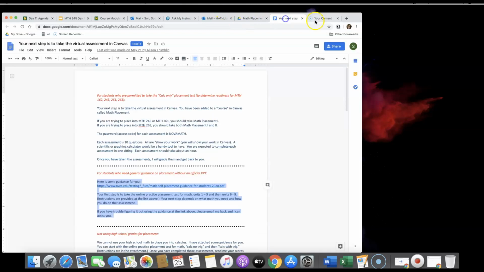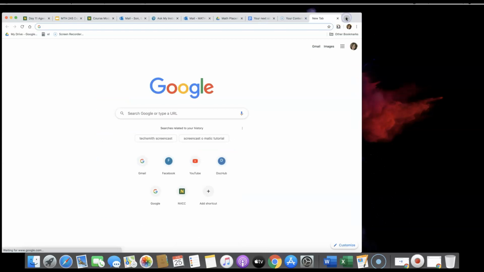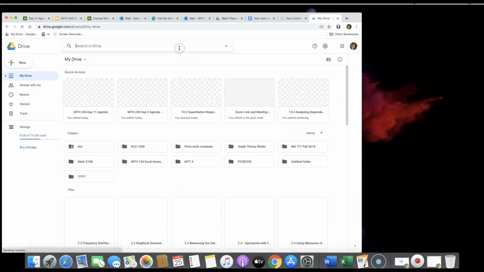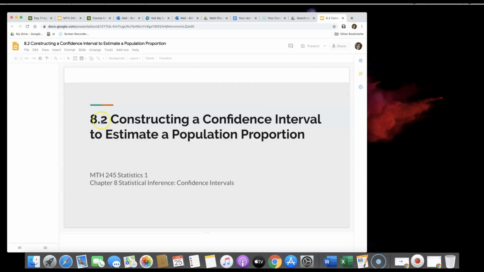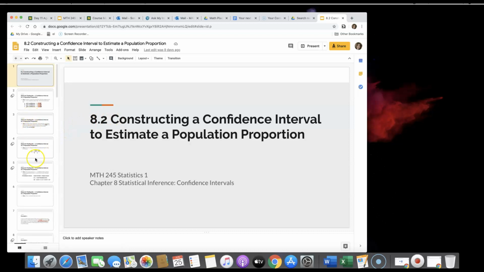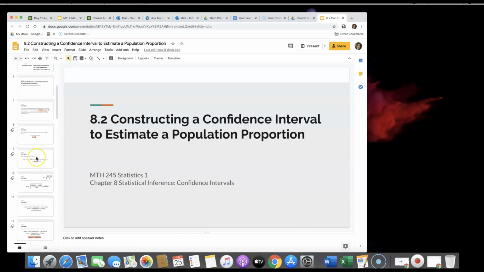Now, let me go ahead and find you the formula real quick that you will need for this. Give me 1 second. So if you go to 8.2, let's see. Scroll down a little bit.